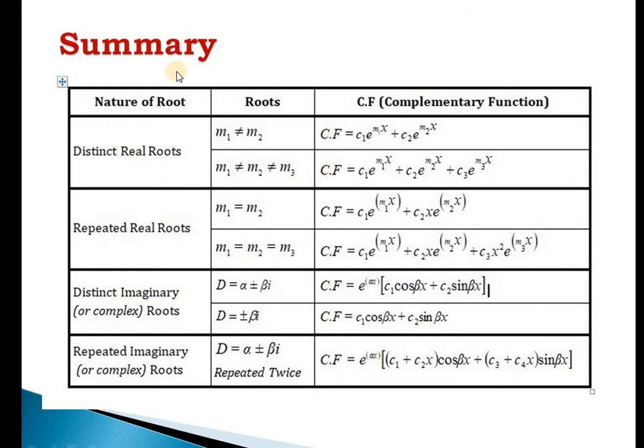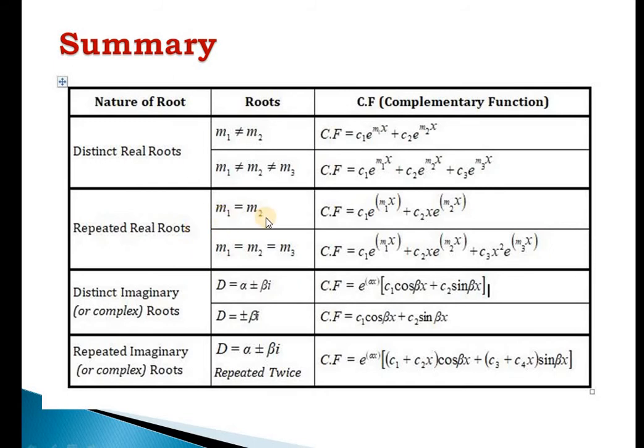So just recall this. If roots are real and suppose two roots are there, what is it here? C1 e raised to m1x plus C2 e raised to m2x. Suppose there are three roots, then the complementary function, with arbitrary constants, is C1 e raised to m1x plus C2 e raised to m2x plus C3 e raised to m3x. Now second case, if roots are repeated.